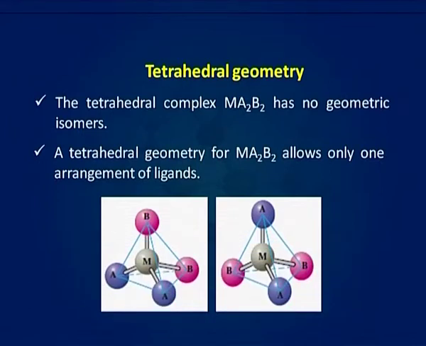As this figure shows, a tetrahedral geometry for Ma2B2 allows only one arrangement of the ligands. The group on the top can be rotated to look like the group on the bottom. A and B are any two ligands. In this case, all the 4 ligands are symmetrically arranged with respect to one another, hence geometrical isomerism is not possible.